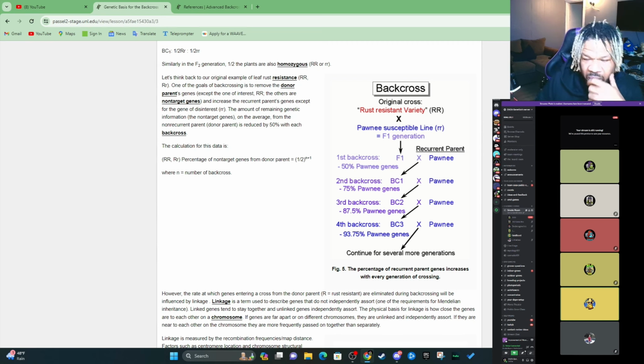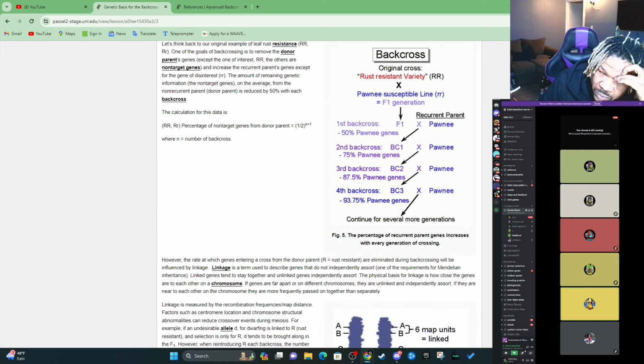It's a big producer. It's an early flower. It has all these different things, but it's not resistant to something they're having issues with. So that's why it's the recurring parent, because that resistant variety just doesn't have any other traits they're looking for other than the resistance. That'd be what I can gather from this.